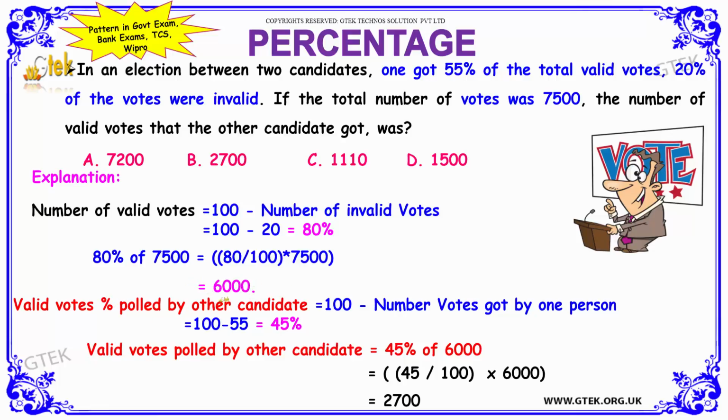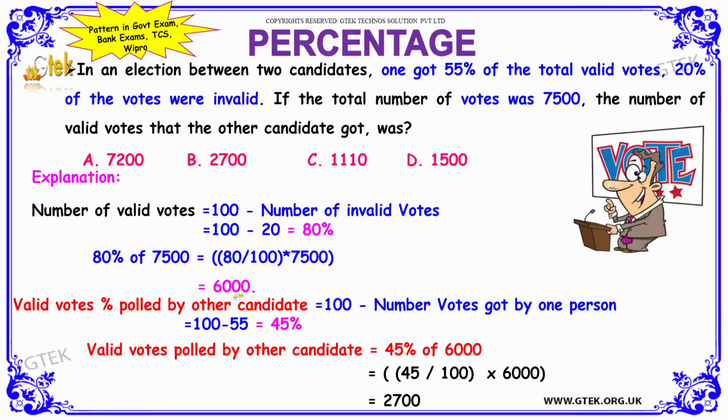Out of the 6,000 valid votes, the valid votes received by the other candidate will be 100 minus the percentage of votes got by one person. We know that one of the candidates has received 55% of the total valid votes. So, the valid votes received by the other candidate can be obtained by 100 minus 55, which gives you 45%.